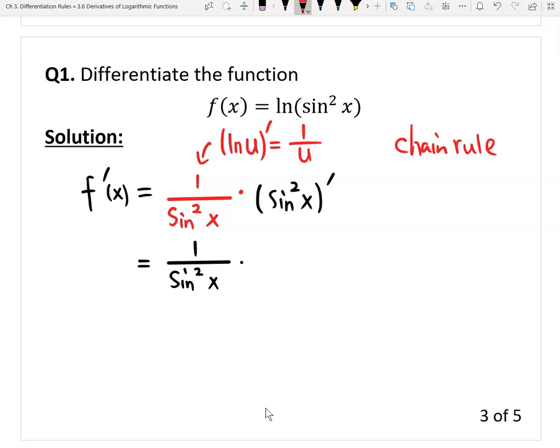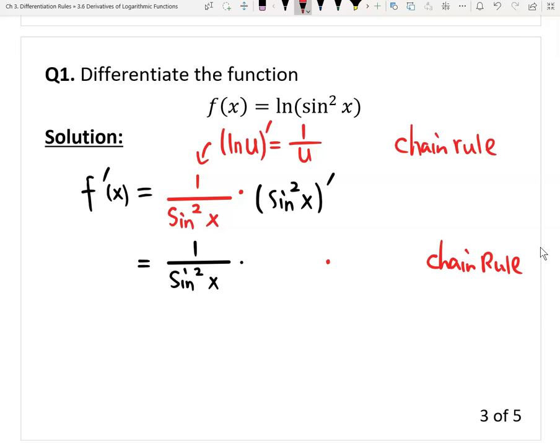I have to use the chain rule again, okay. Why? Because this is a composite function, and the inner is sine x, so the outer is u squared, a power function. Okay, so let me write here. We have to use the chain rule again in this step. Okay, what is the chain rule? It is the derivative of the outer times the derivative of the inner.